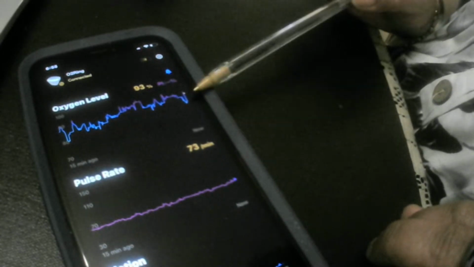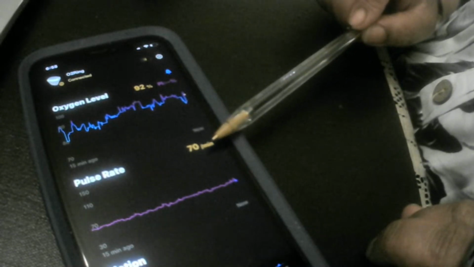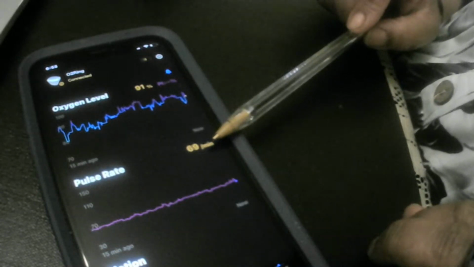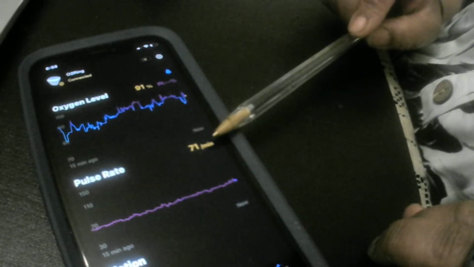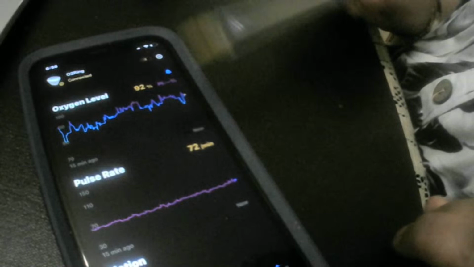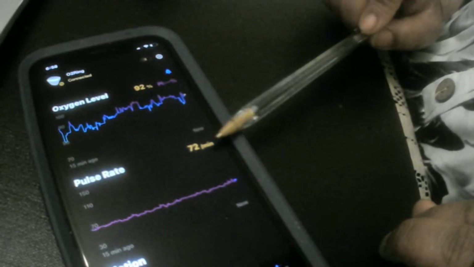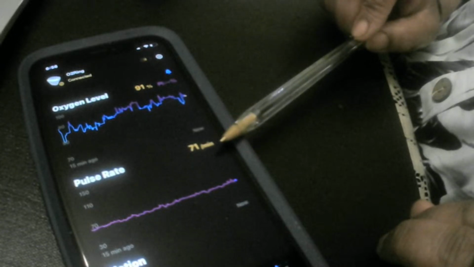And when it goes to 76, the oxygen went up. So I stand corrected. Then it went back to 70. So it depends. Sometimes it doesn't change. Again, depends on the algorithm.